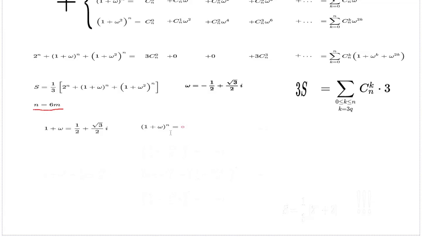So if I reflect this in my computation here, I have my 1 plus omega, and this is taken to the power 6m, to the power n, which is a multiple of 6. All we have to do is analyze what's the 6th power of this 1 plus omega number.